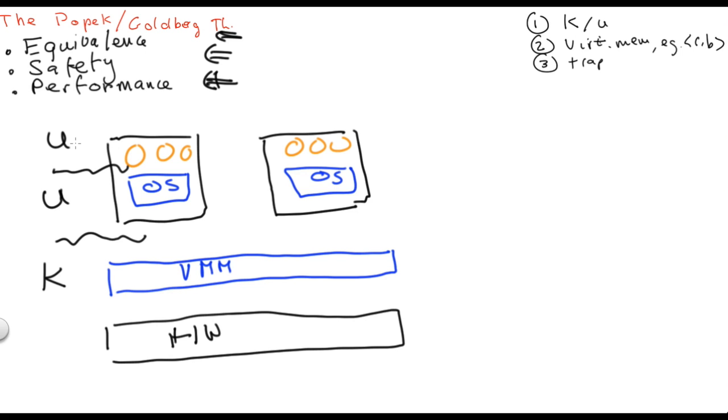The second observation is that the operating system is always designed to run in kernel mode, and by running in user mode, the behavior will change. For example, some instructions that are intended to run in kernel mode don't run normally in user mode, and so if the operating system attempts to execute these instructions, those will generate a trap. And the trap will be handled by the virtual machine monitor.